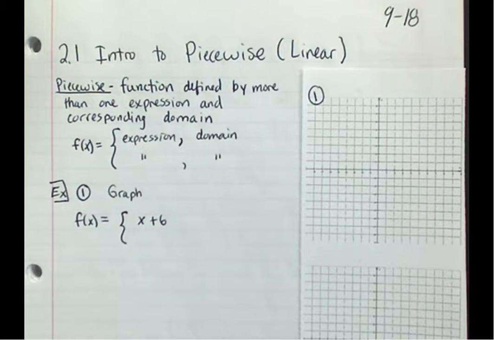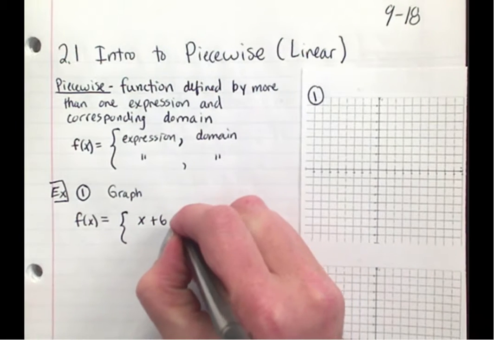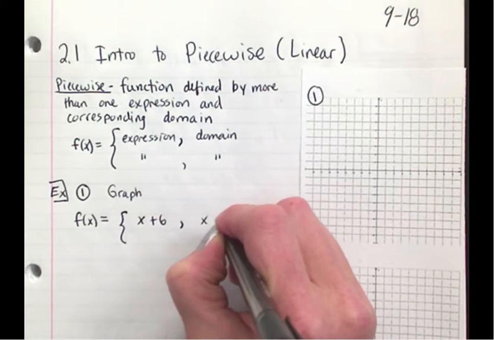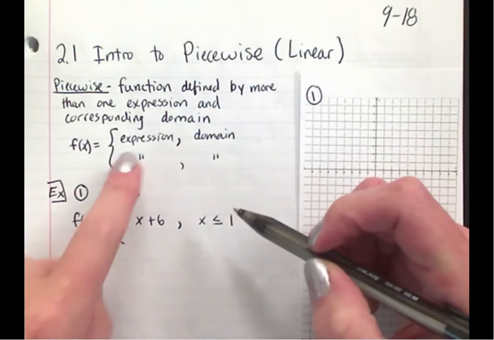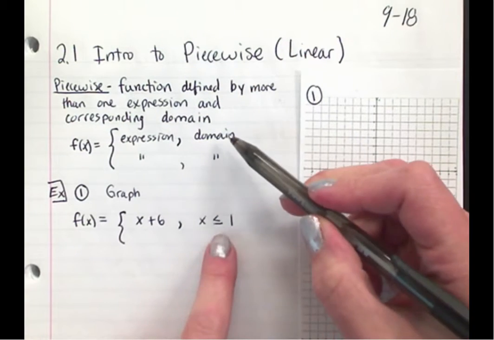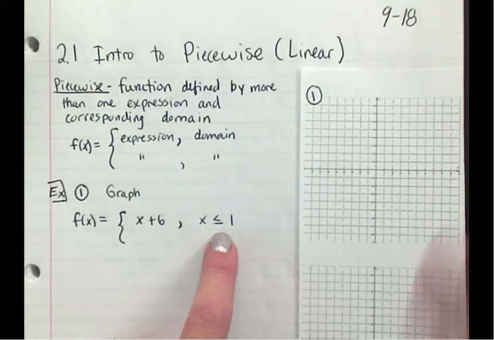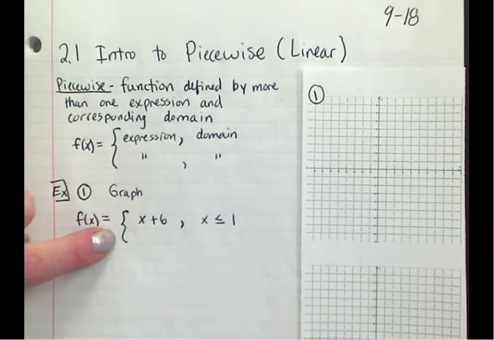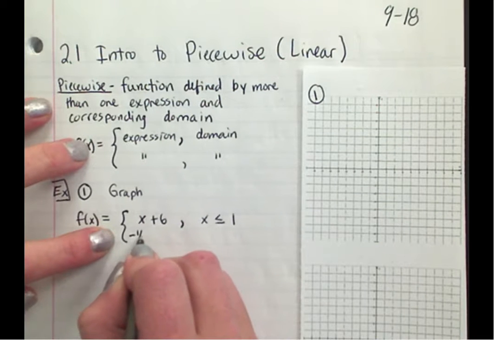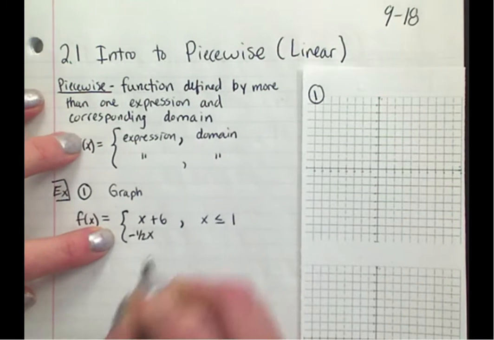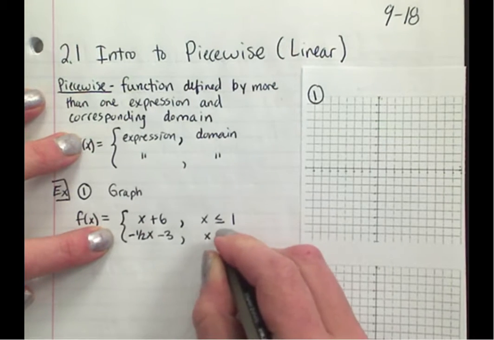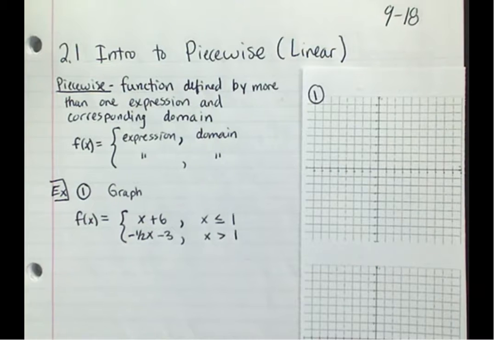Notice that that's an expression. It's just x plus 6, comma, x less than or equal to 1. So that means that the expression is x plus 6 and the domain is x less than or equal to 1. The second expression is minus 1/2 x minus 3, comma, x more than 1.